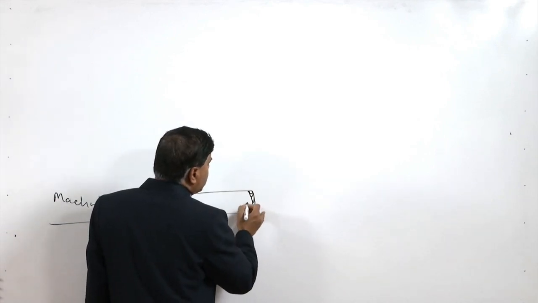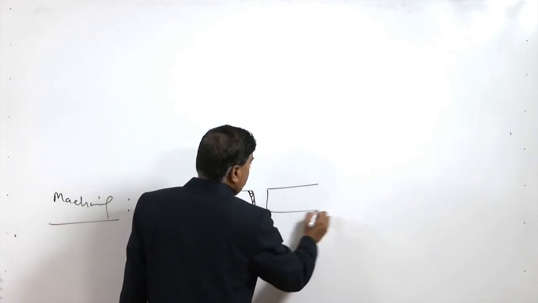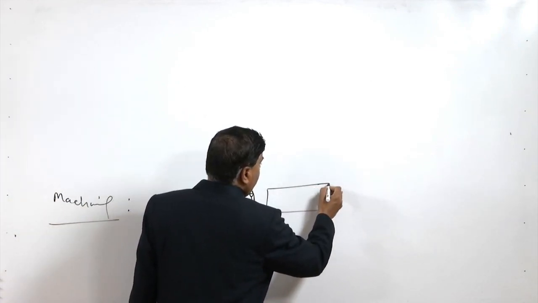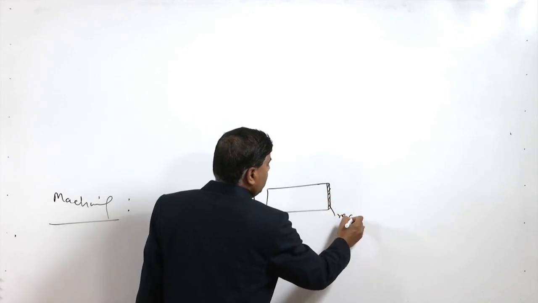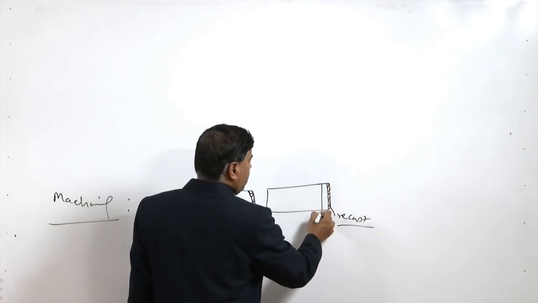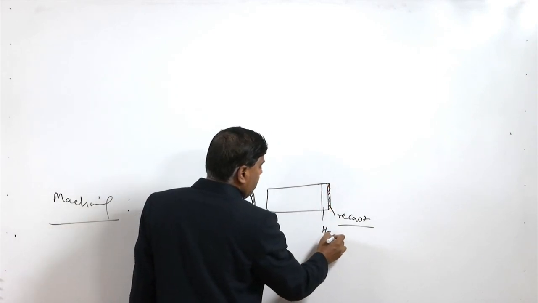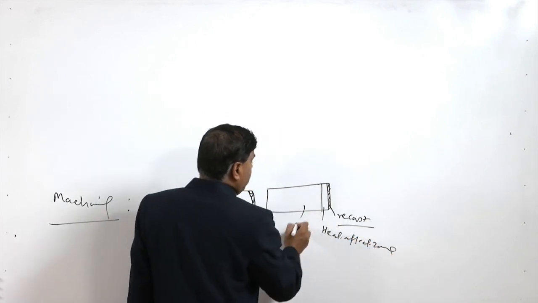But in this case we basically find three zones. One is the layer which will be resolidifying, called the recast layer. It will have the cast structure. Thereafter, there will be a heat affected zone, and then the base metal.